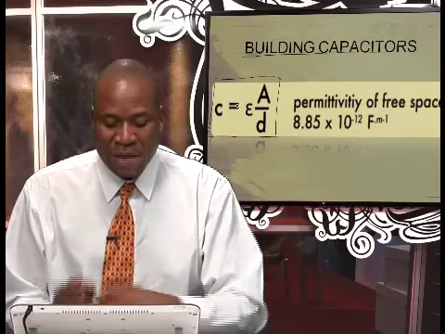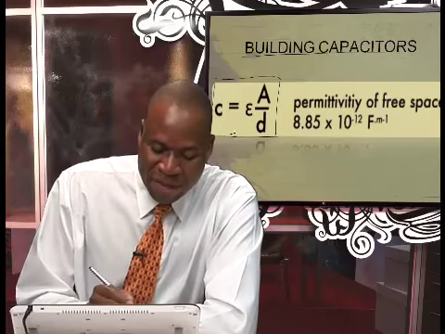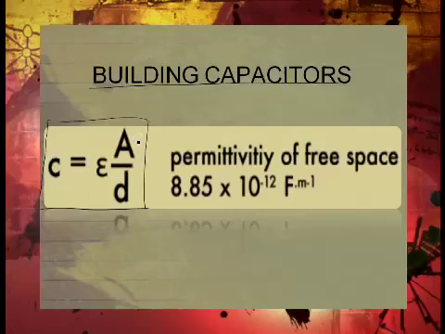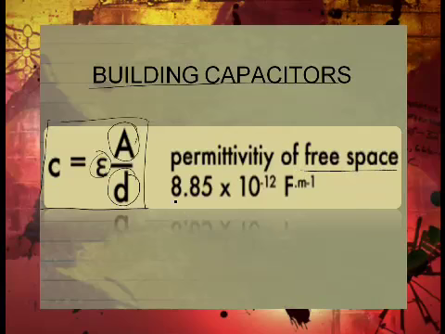The answer is yes, because all we need to remember, earlier I said the capacitance of the capacitor depends on the area of the parallel plates, the distance between them, and the permittivity constant that you're going to use. If you're going to use free space between the parallel plates, then the permittivity constant becomes that one. Okay?